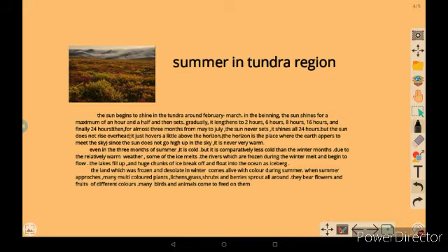The summer season in the tundra region. The sun begins to shine in the tundra from around February to March. It starts shining after the winter season.